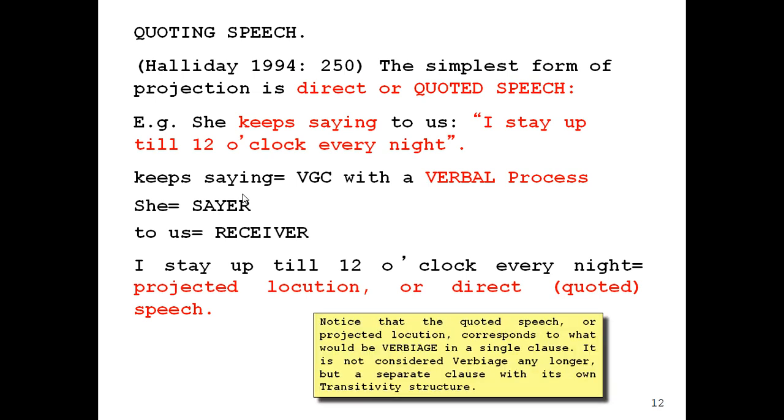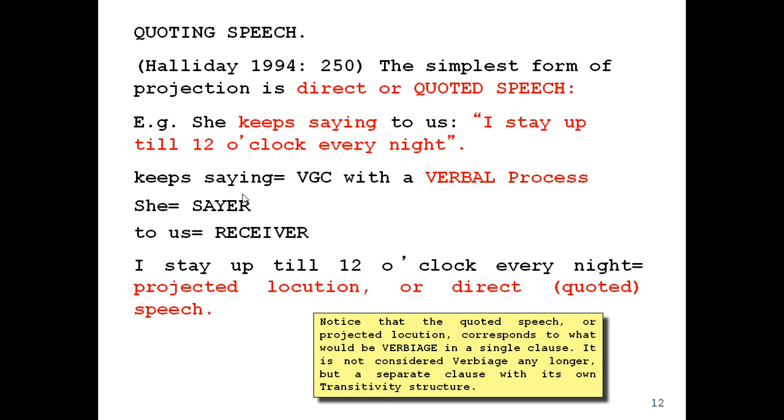Okay, so when we look at the experiential function, at transitivity especially, we shall see that when verbal processes are involved, the utterance that is said is called a verbiage. So, for example, I told him that.